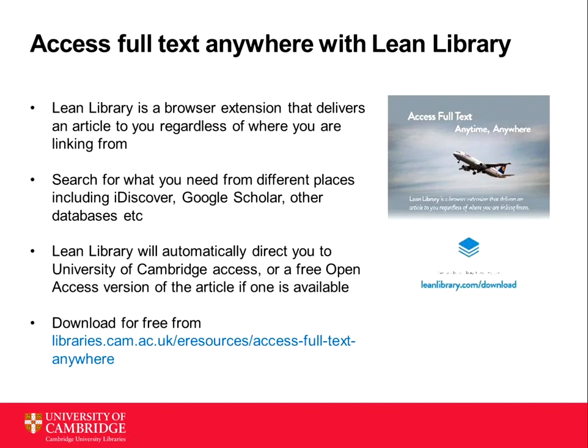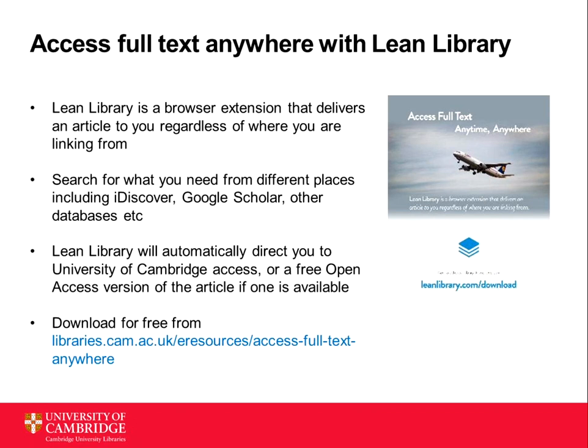Lean Library is a browser extension that delivers an article to you regardless of where you are linking from. Often you search for what you need in any number of different places online, and then you may sometimes hit publishers' paywalls and can't access the article. Lean Library will automatically detect where you are on a website and whether you have access thanks to the subscriptions of Cambridge University Libraries.